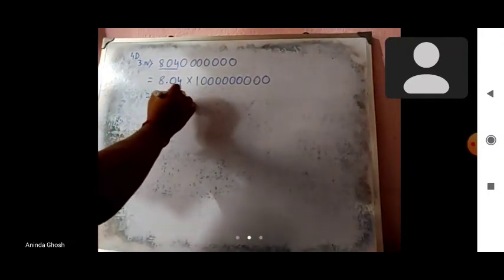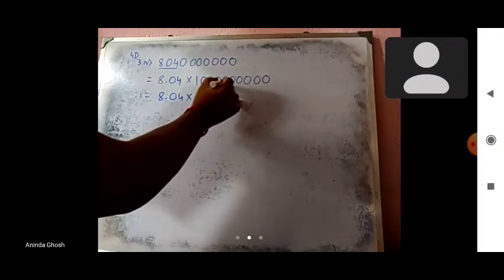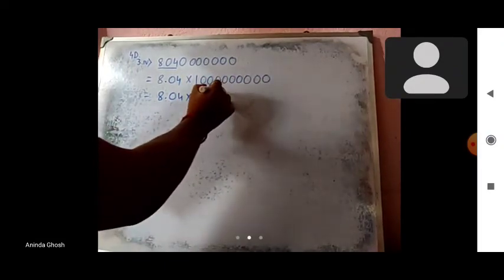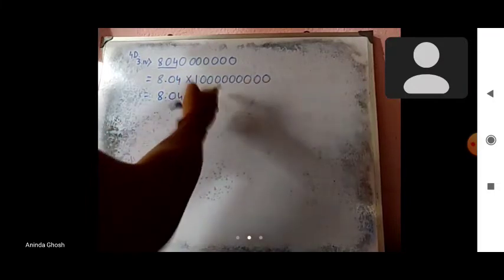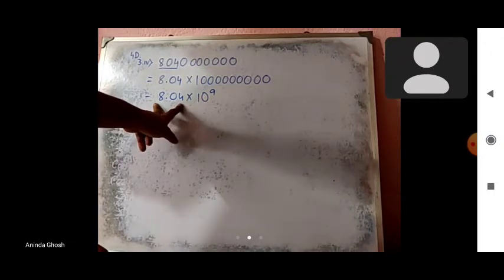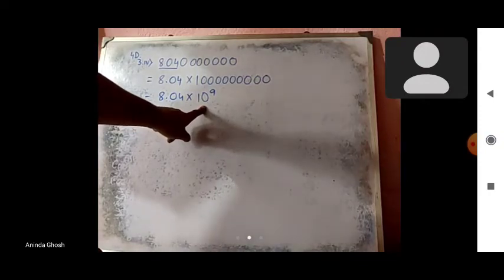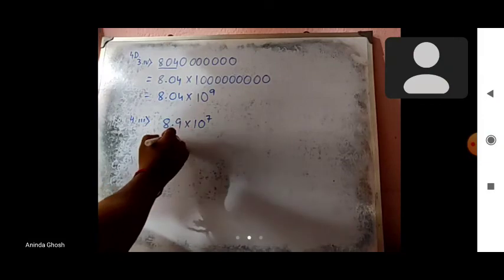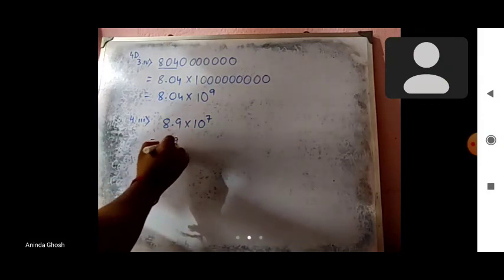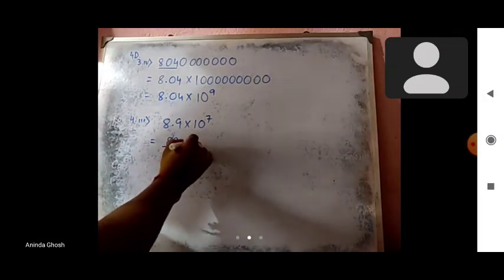So 8.04 and here 9 zeros after 1, that means it is 10 to the power 9. So 8.04 into 10 to the power 9. This is scientific form. This is a mixture of two numbers. First one lies between 1 to 10 and the latter one is power of 10.